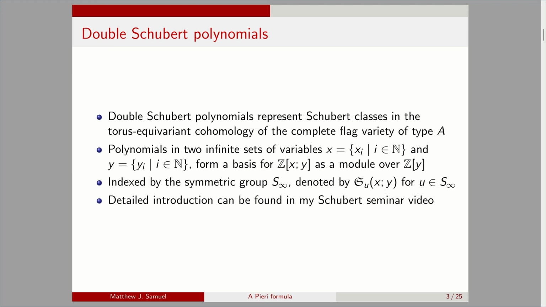And these double Schubert polynomials form a basis for the polynomial ring Z[x,y] as a module over Z[y]. They are indexed by the symmetric group S infinity, and we write them with an S in a funny font, S_u(x,y) for u in S infinity. And you can see a more detailed introduction in my Schubert seminar video.